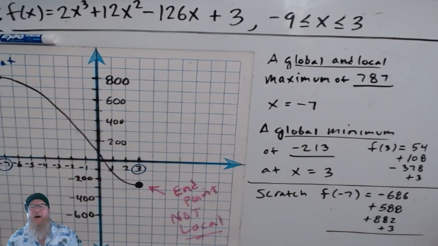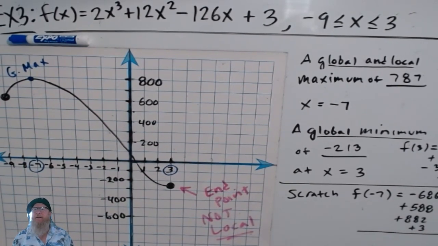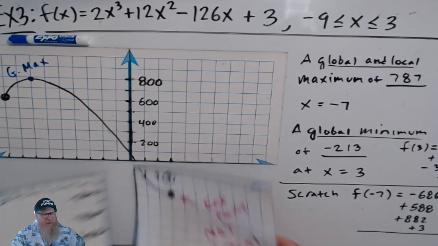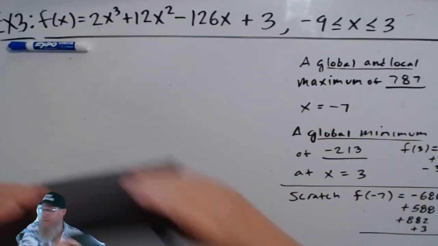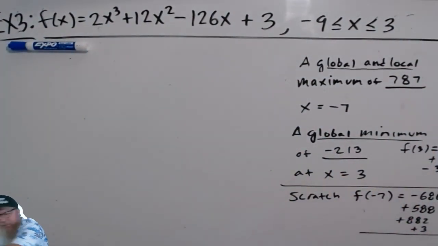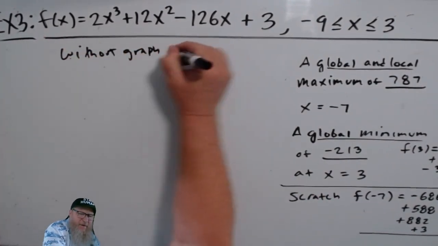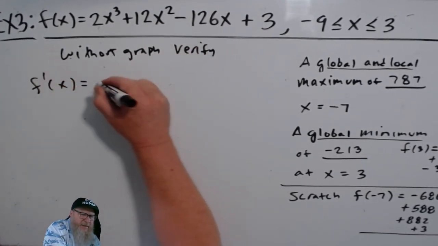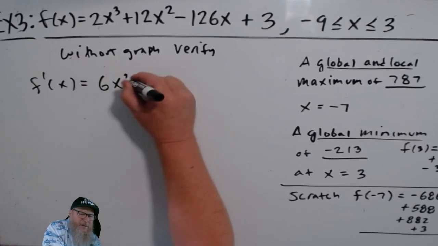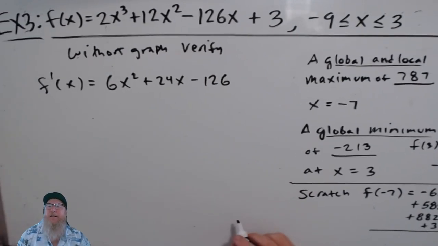So notice, because I already had the graph, I didn't really need to take the derivative. If I didn't have the graph, before I do the next example, without the graph, I could verify f prime of x is 6x squared plus 24x minus 126.